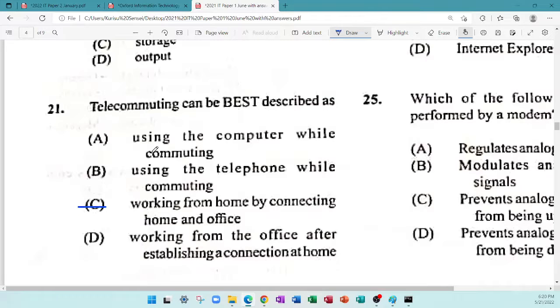Using the computer while commuting, using the telephone while commuting, working from the office, no. So C. Telecommuting is basically working for a business, but you're working anywhere but the business office. You work from home, you work from the beach, you work from a hotel, anywhere.